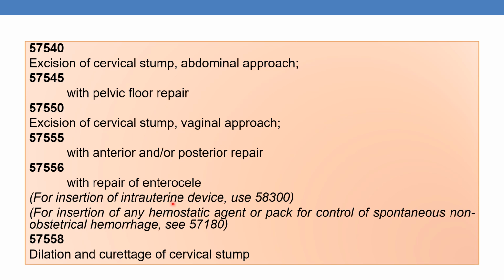For insertion of intrauterine device, the CPT is 58300. For insertion of any hemostatic agent or pack to control spontaneous non-obstetrical hemorrhage, we need to refer to 57180. Next is 57558, dilation and curettage of cervical stump.